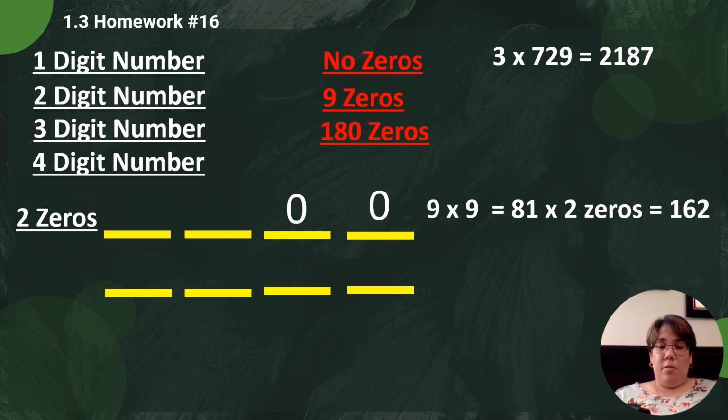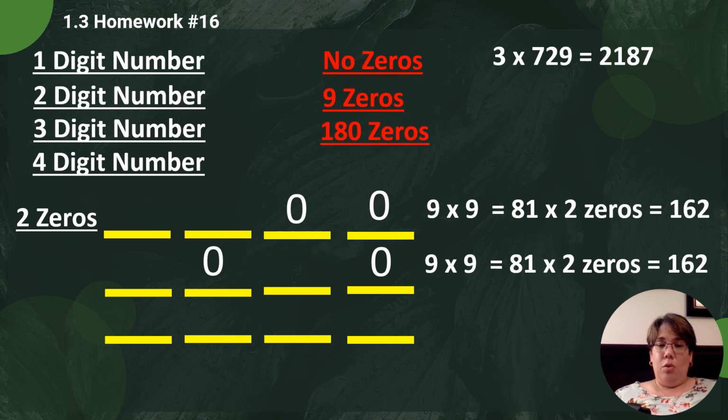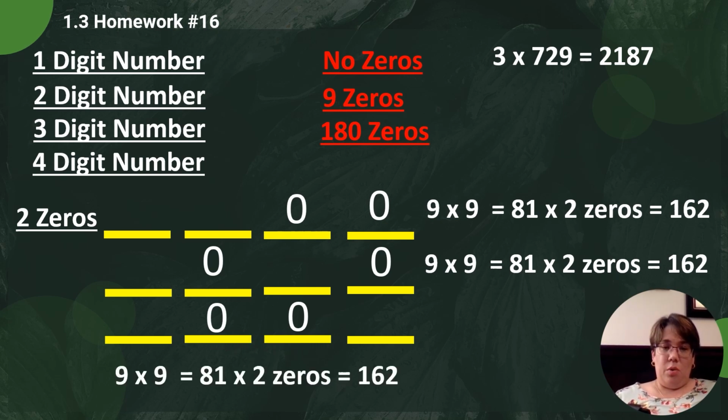Now I'm going to move my zeros to 2 different places, and I'm going to have them on the ends here. And I'll have the same thing, 9 times 9 times 2 zeros would be 162. And then I have one more combination with the 2 zeros in the middle. And that's going to be the same thing with 162 of those numbers.